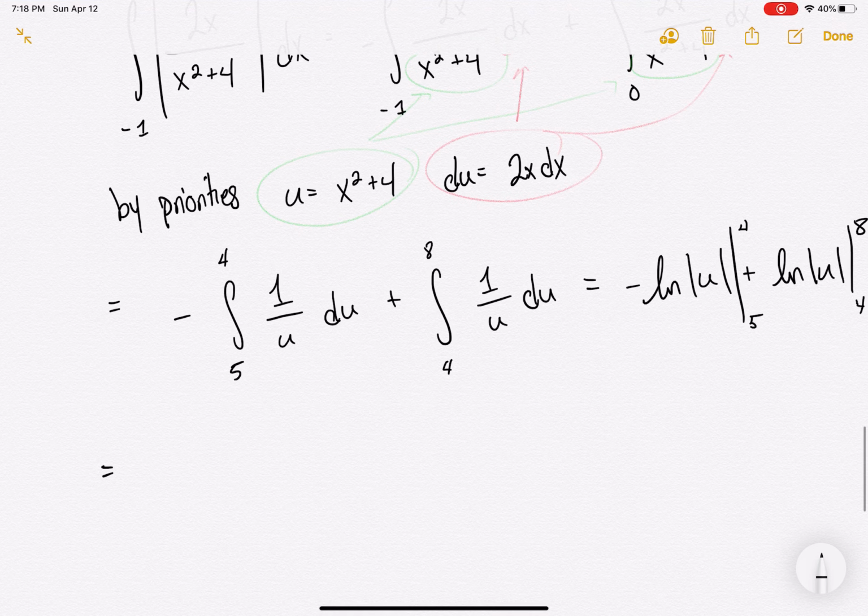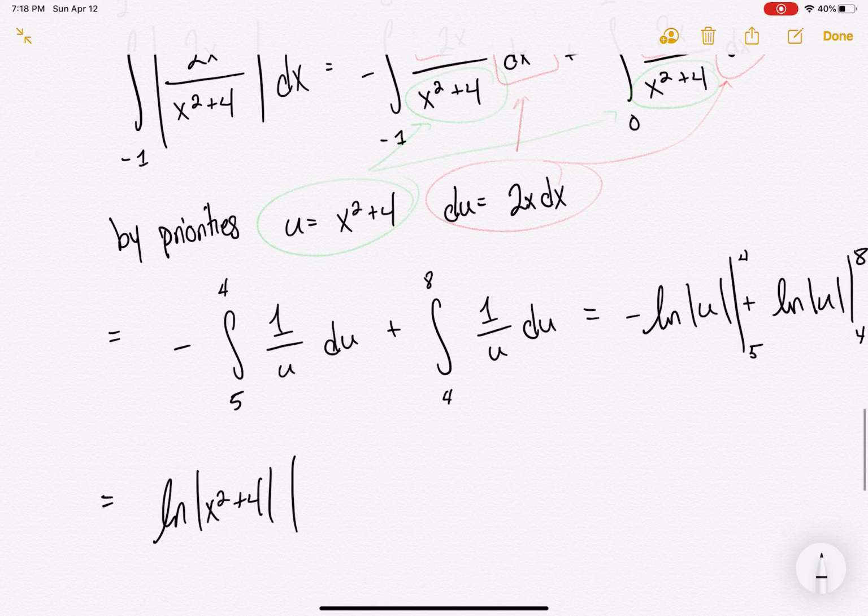Or in terms of x, if you don't like changing your bounds on u, this is x squared plus 4 with x from negative 1 to 0, the negative piece, and this one was from 0 to 2.